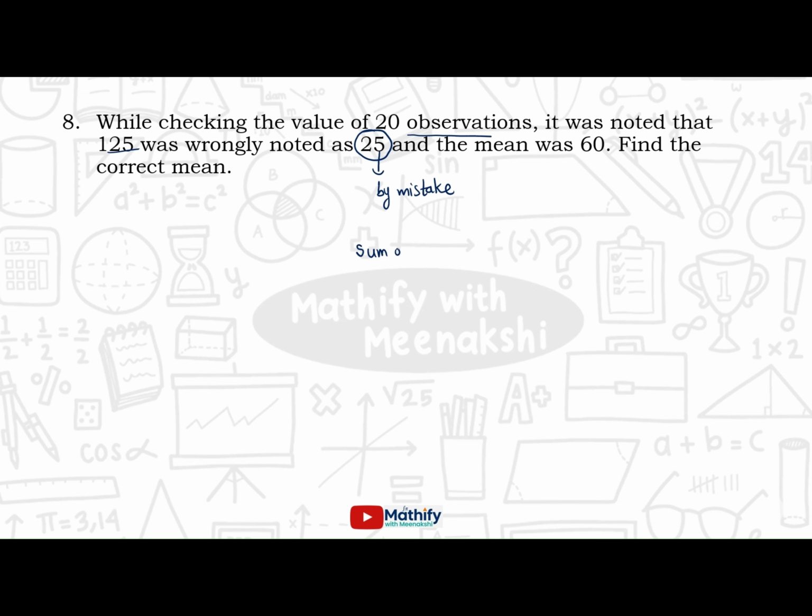We know that the sum of all observations divided by the number of observations is the mean. And the mean is given to us as 60 and the number of observations is 20. So if you multiply these two, we'll get the sum. So the sum of all observations is 60 into 20. 6 into 2 is 12, and then you can put these two zeros.